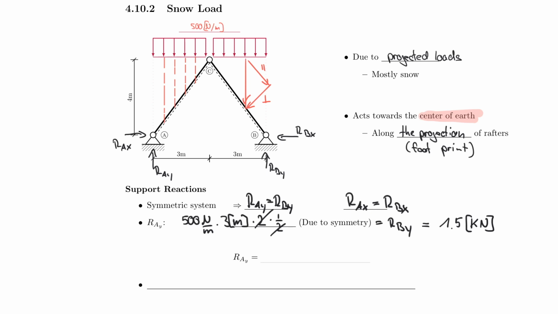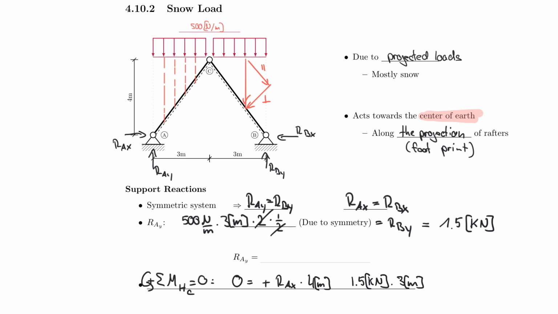So I take the sum of the moments about the hinge, right? So sum of the moments about the hinge is equal to 0. And the hinge actually is at C, by the way, counterclockwise positive. So 0 is equal to, I start with my unknown, RAX multiplied by 4 meters, which is turning counterclockwise, therefore it's positive. I have my RAY, which I already calculated, 1.5 kilonewton multiplied by 3 meters.